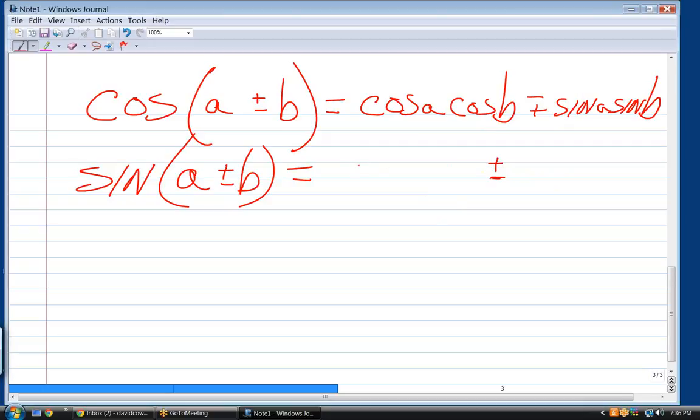Sine A, cosine B. I always start out with sine, but the next thing is cosine. In other words, it's not sine A, cosine A. It's sine A, cosine B. Same thing over here, only opposite, right? So what's the rest of it? Sine B, cosine A. Yeah.